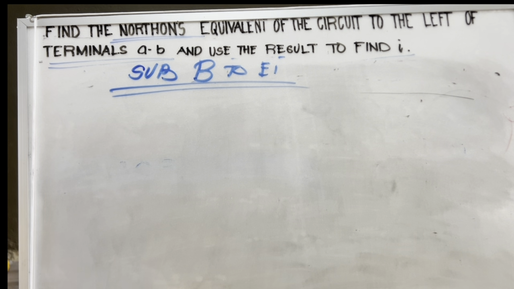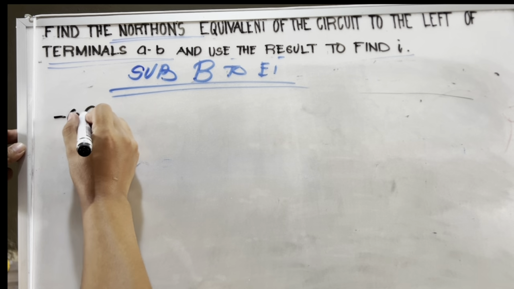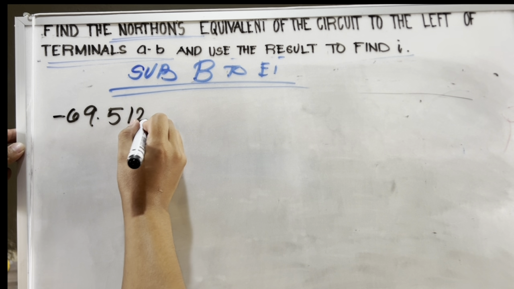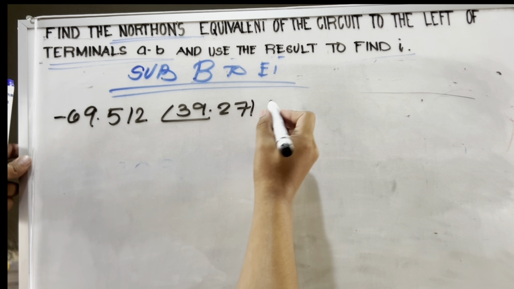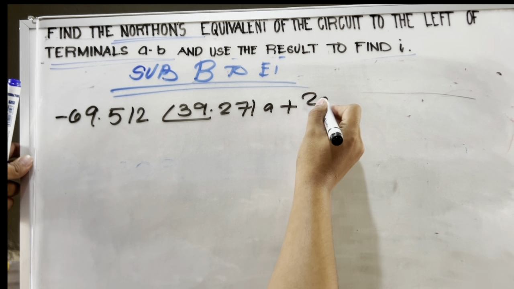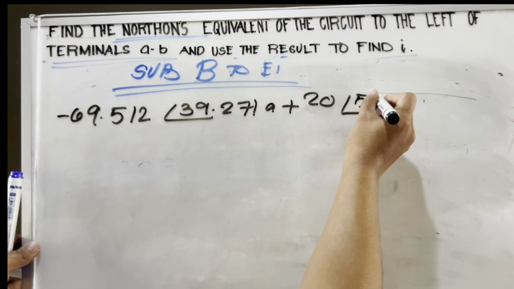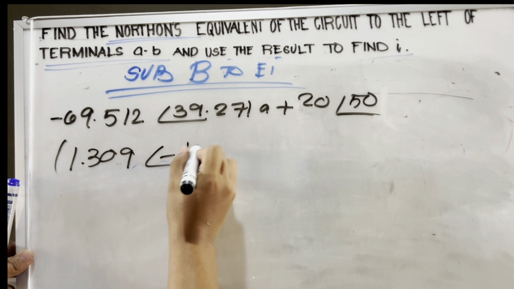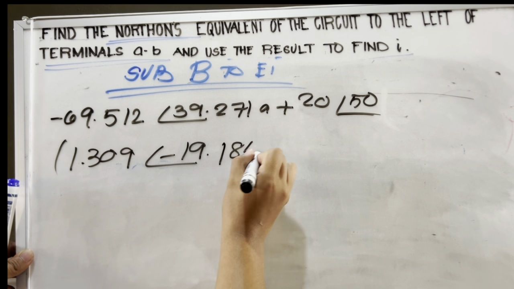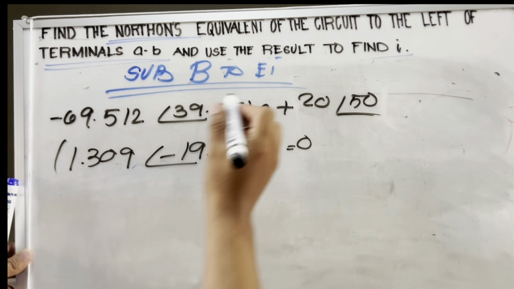So, negative 69.512 angle of 39.271 times A plus 20 angle of 50.309 angle of negative 19.184 is equal to 0.